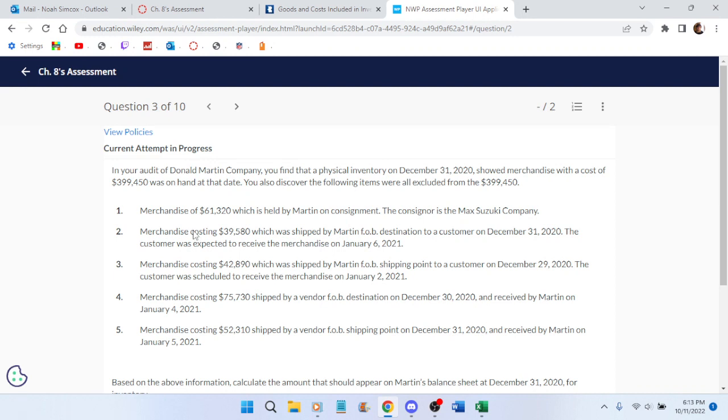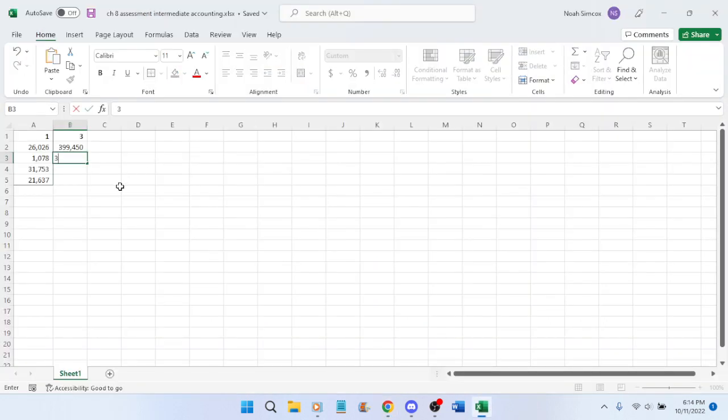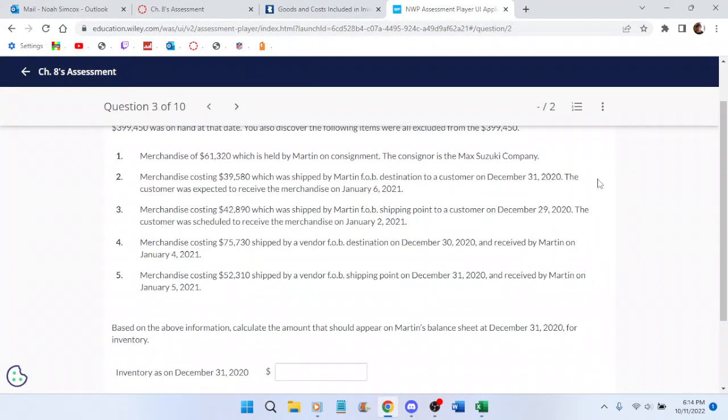Merchandise was shipped by Martin FOB destination to a consumer. It's not expected to receive it. It still counts as inventory because this customer has not received it. So 39,580. Okay. So shipped by Martin to a customer.